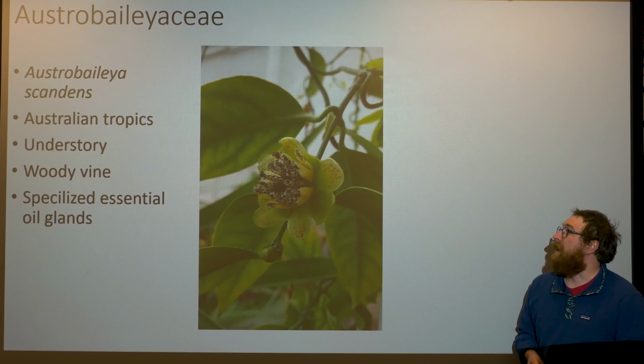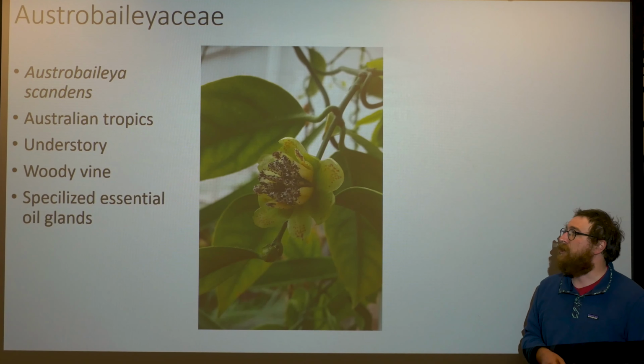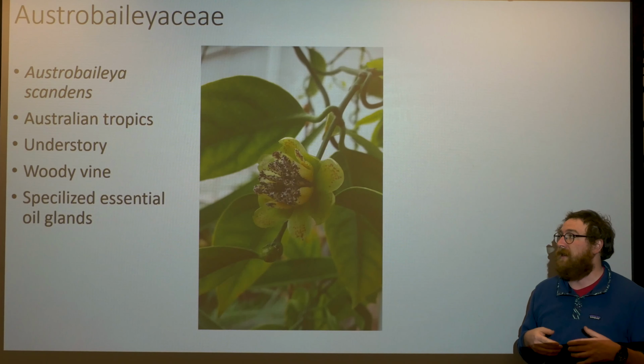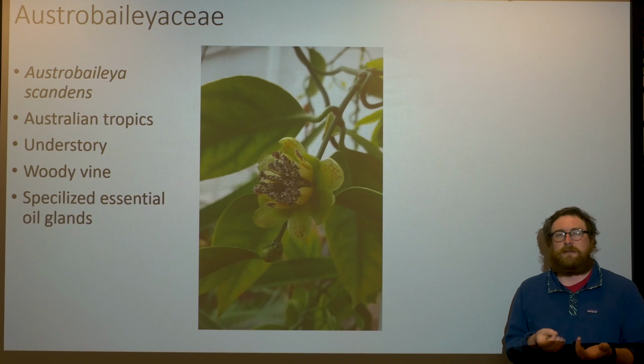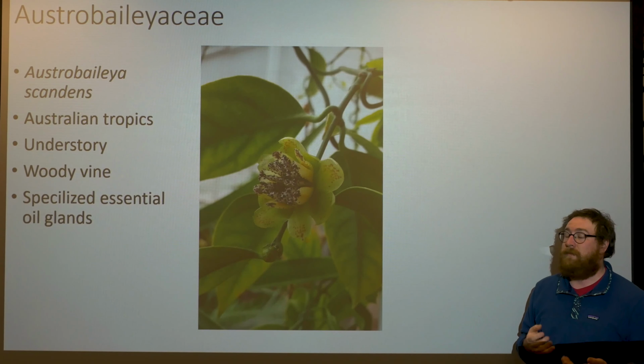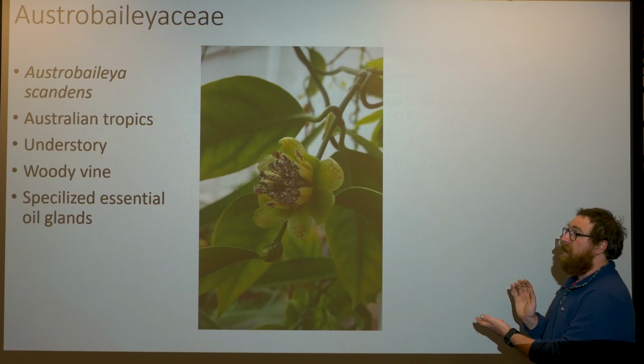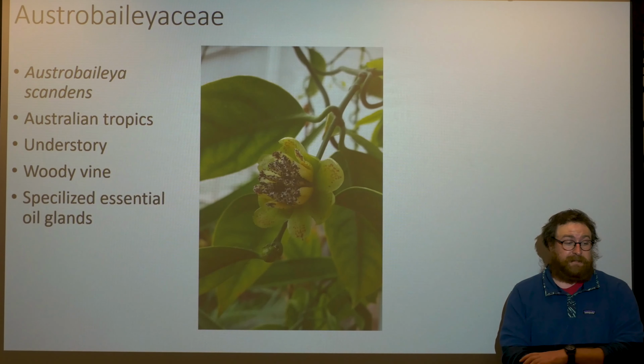The last A in the ANA group is a really interesting clade, the Austrobaileyales. And like the umbrella, it's a very small group that is really only represented by one main species, Austrobaileya scandens, and that can only be found in the Australian tropics.